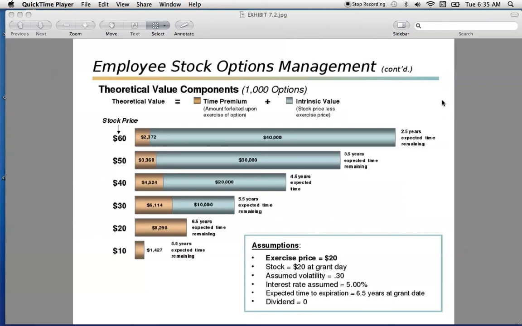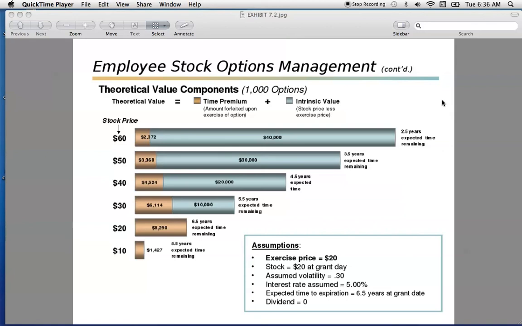But if the stock is trading at 30 and it has 5 years expected time remaining, you have $6,114 of time value or time premium, which, if, God forbid, you followed the advice of some advisors and made a premature exercise, you forfeit, and you get to pay an early tax too, which will be illustrated on following graphs.